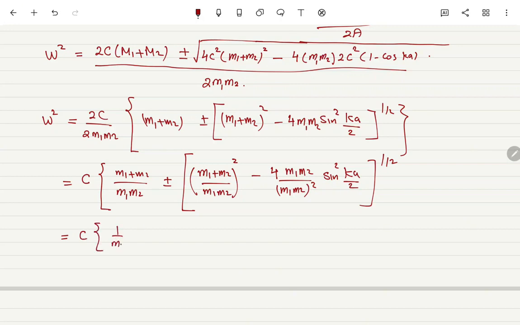1 over m1 plus 1 over m2, plus or minus square root of (1 over m1 plus 1 over m2) square minus 4 over m1 m2 sine square ka over 2, to the power half.